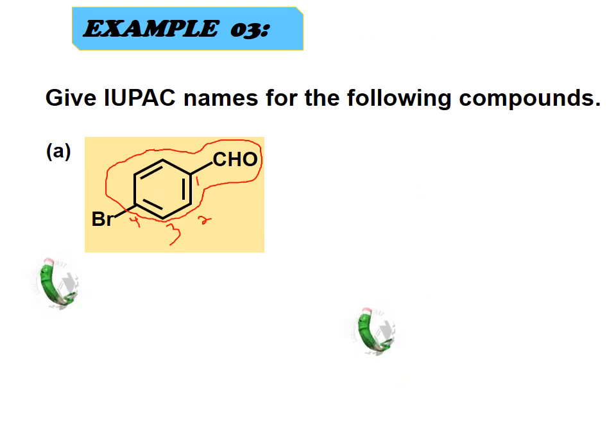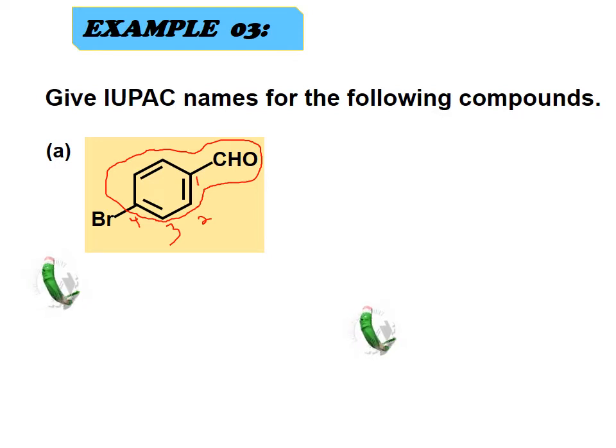Okay, so let's look at more examples. So CHO and Br. The CHO is the aldehyde, which has the carbonyl functional group. The carbonyl functional group has a higher priority than the bromine. So the carbon is labeled as carbon 1.